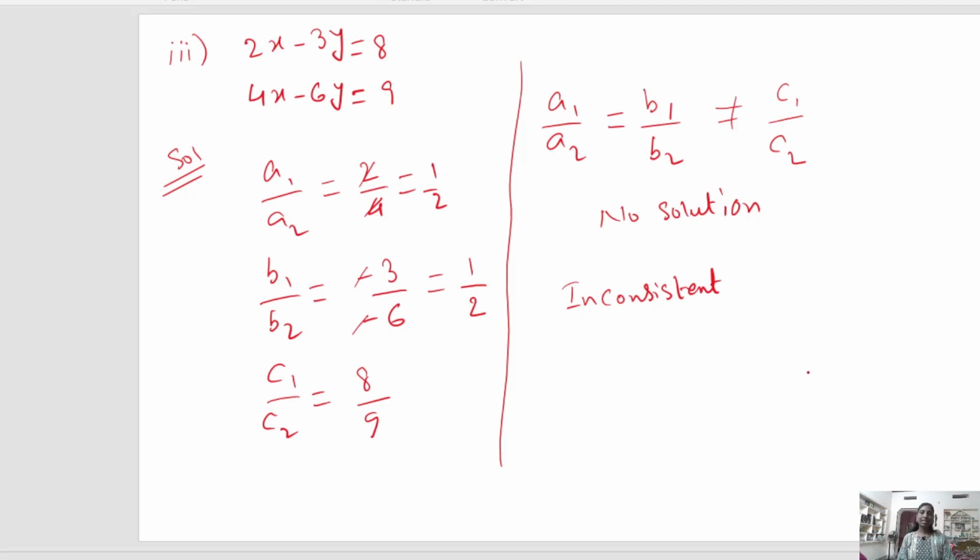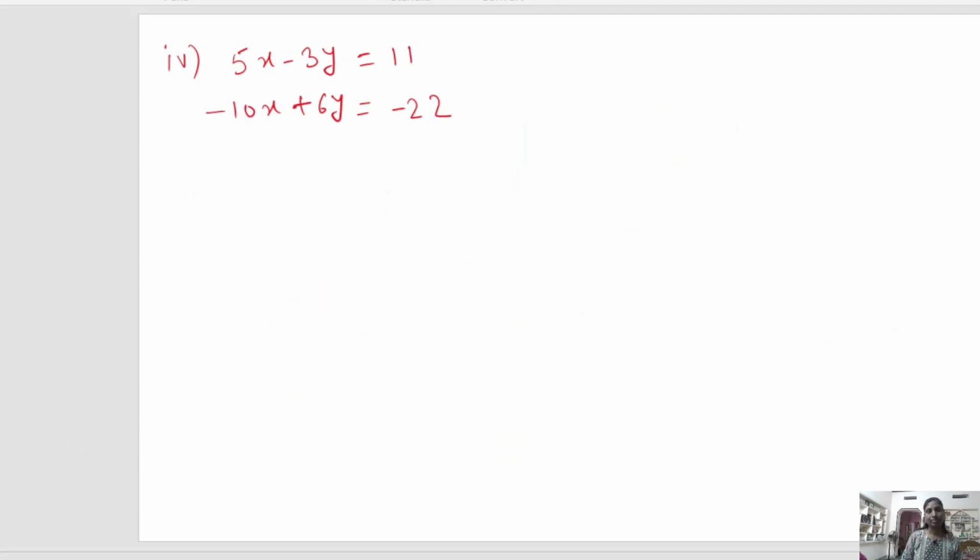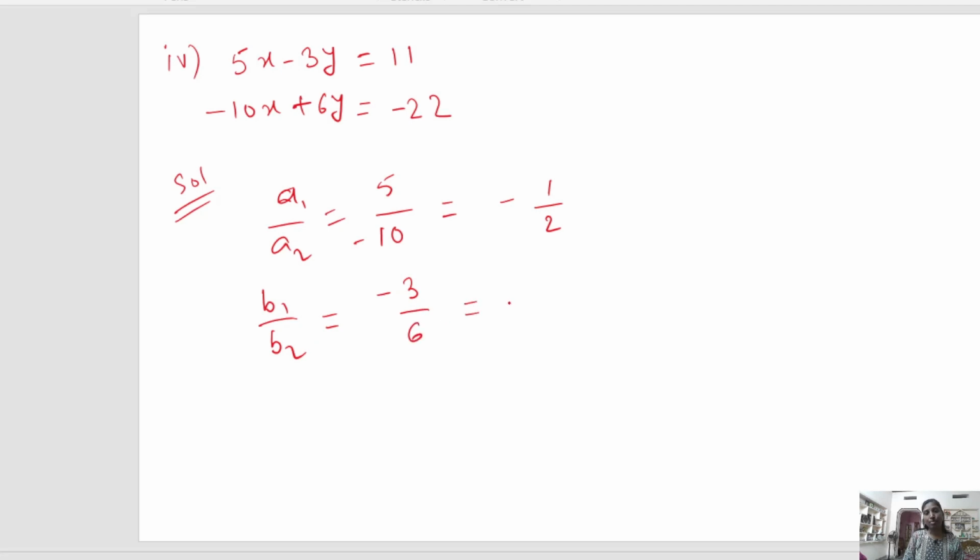I hope it is clear to all of you. Now let's move to the next example. So here we will compare the coefficients. a1 by a2 is equal to 5 by minus 10, which is equal to minus 1 by 2. b1 by b2 is equal to minus 3 by 6, which is equal to minus 1 by 2.